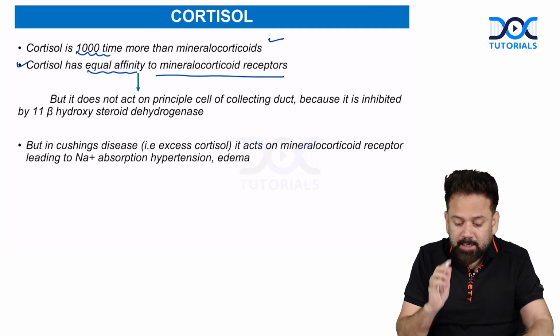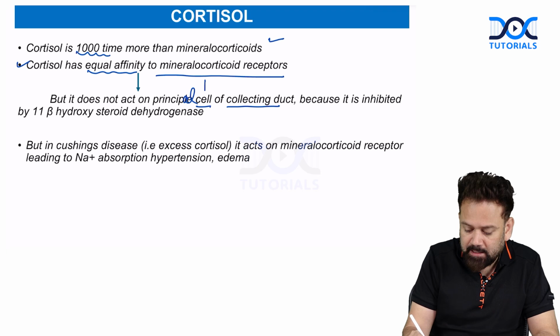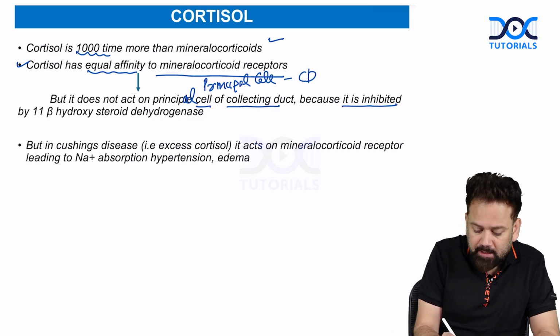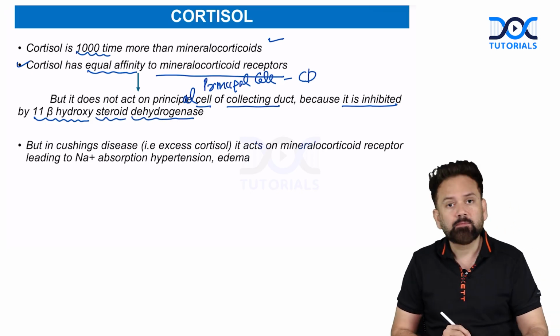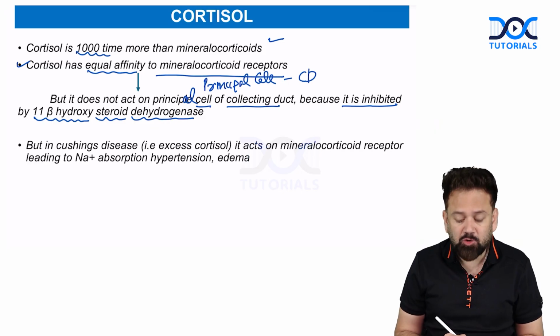Answer is that it does not act on the principal cell of the collecting duct, P cell, or simply principal cell of the collecting duct, because it is inhibited by 11 beta hydroxysteroid dehydrogenase.